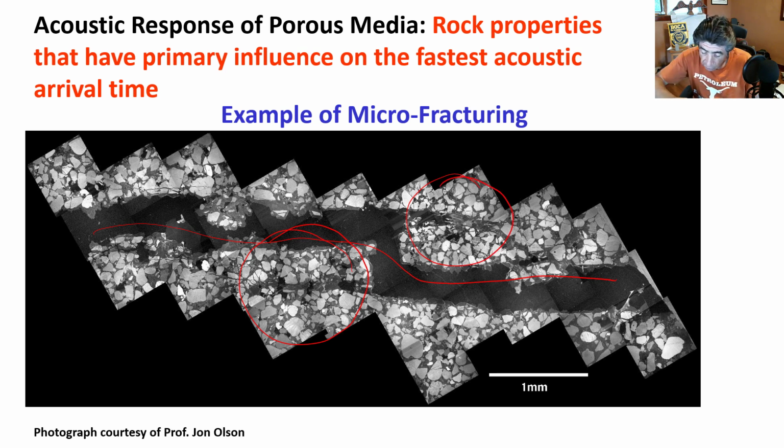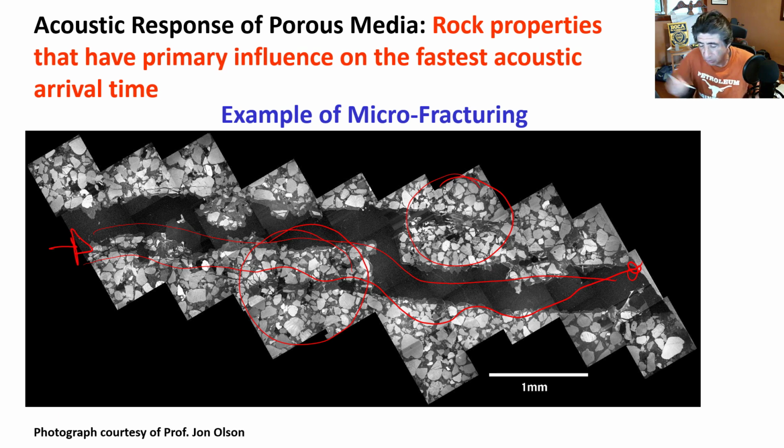When you send an acoustic pulse from the left, let's say from here to the right, and you try to figure out what is the fastest time of flight of this rock, then obviously the fastest time of flight for acoustic waves will be to go through the section of the rock that is the most consolidated, the most rigid. That's how the time of flight is, the waves are going to choose the path of propagation that is the fastest, and the fastest is through the section of the rock that is the most rigid.